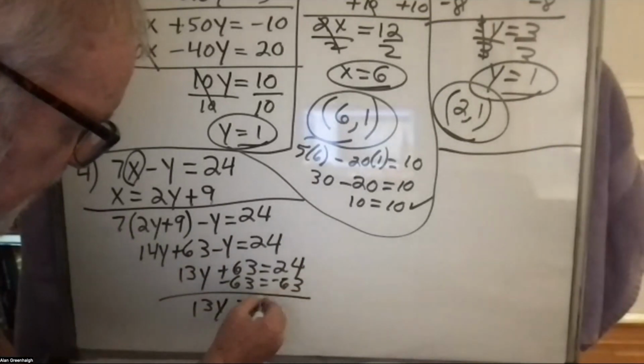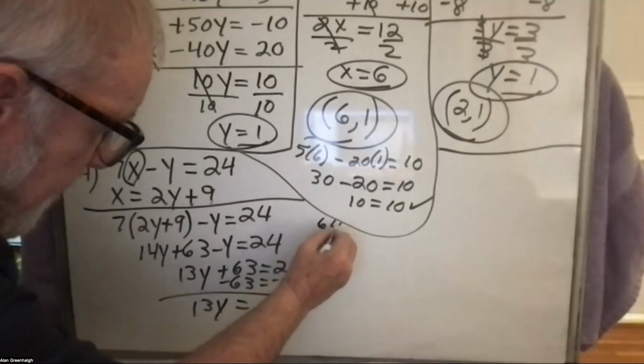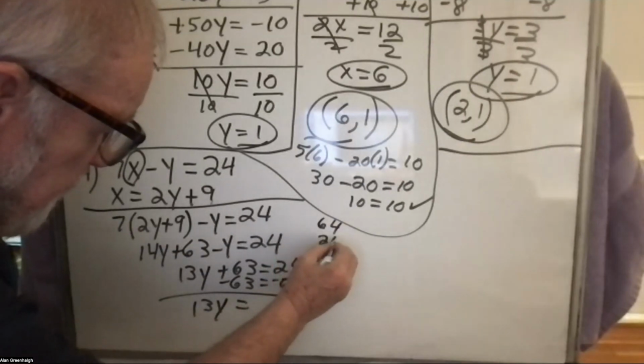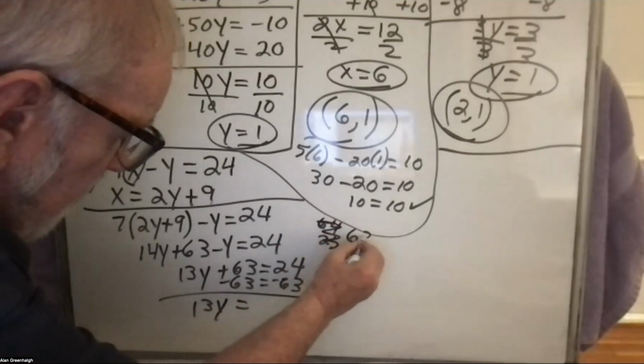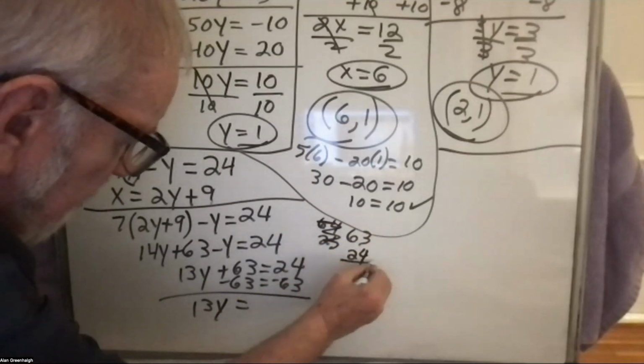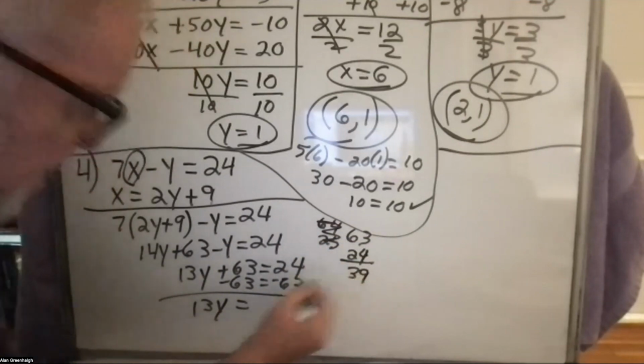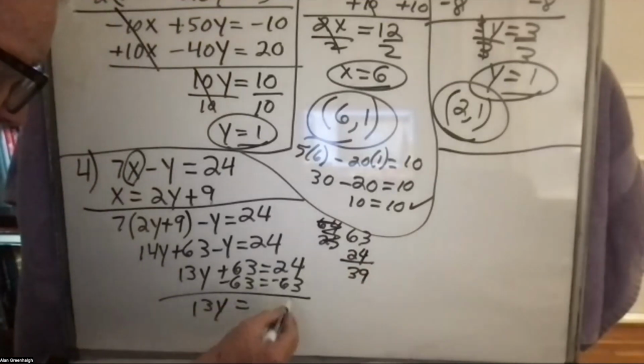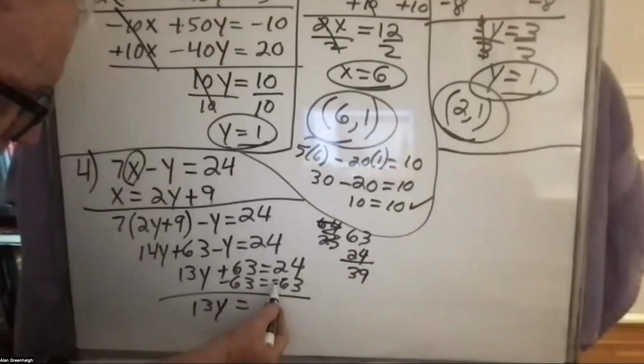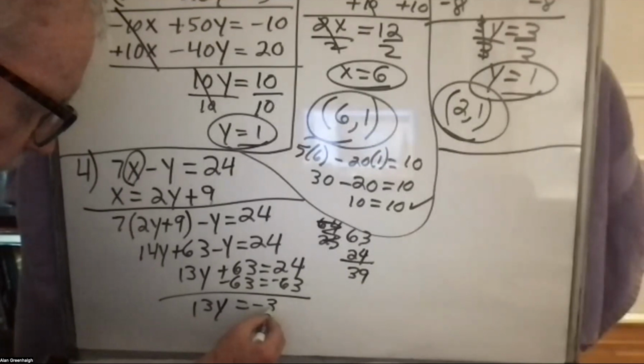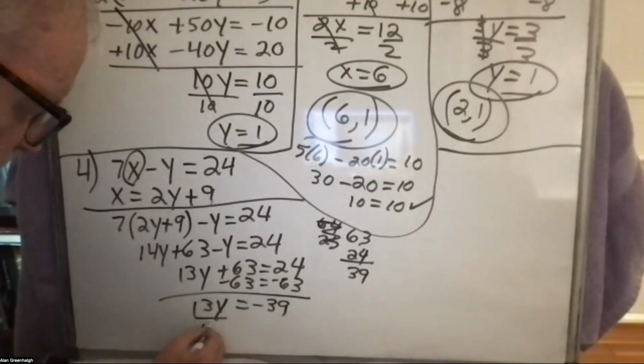So 63 minus 24 is 39. Perfect, right? But there's a negative here, and the 63, therefore, the negative sign will prevail. And when we divide by 13, y is equal to -3.